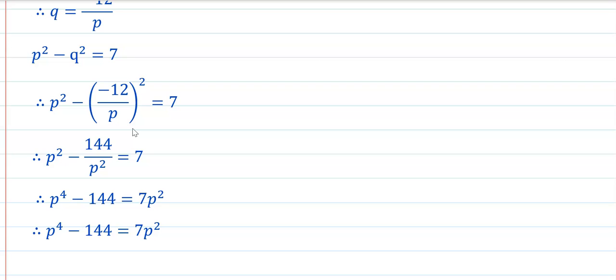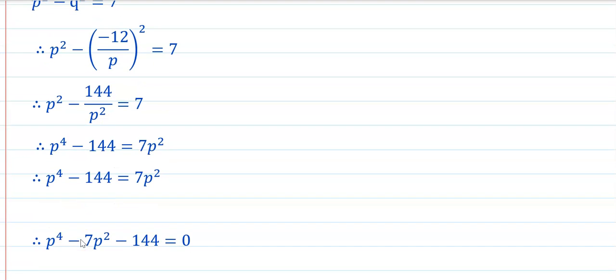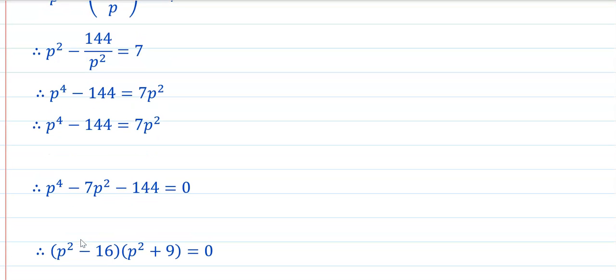Here p squared into 144 upon p squared, that p squared gets cancelled. And on the right hand side, 7 into p squared, we get 7p squared. Therefore p raised to 4 minus 144 equals 7p squared. Now we bring 7p squared to the left hand side: p raised to 4 minus 7p squared minus 144 equals 0.